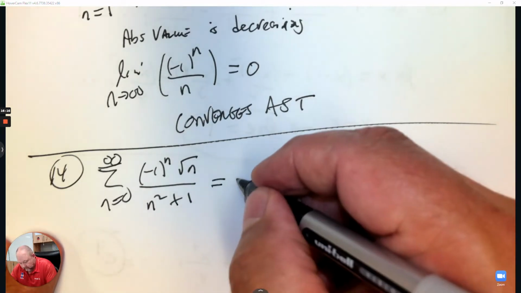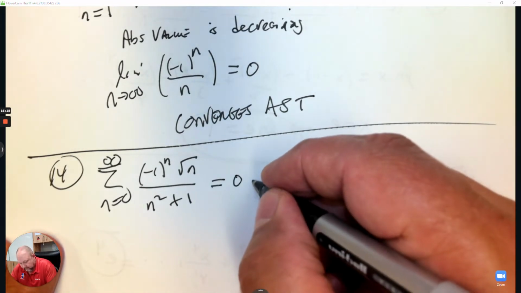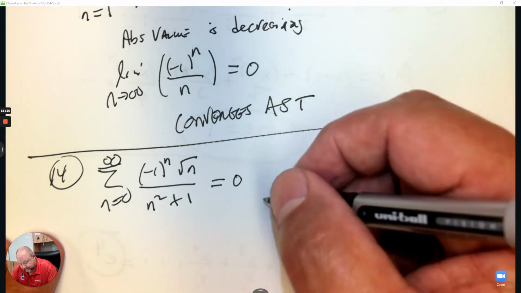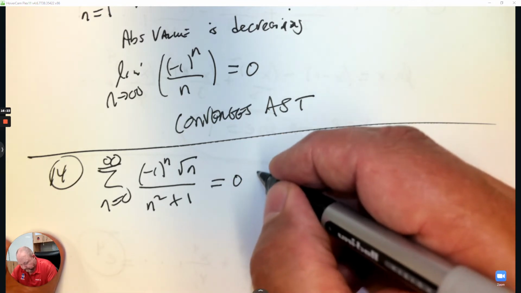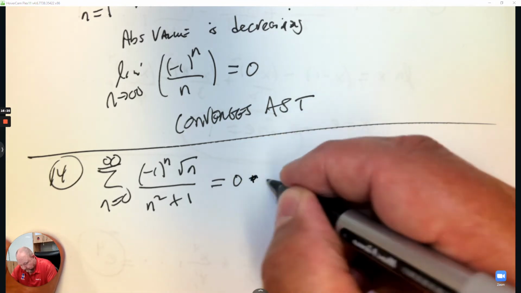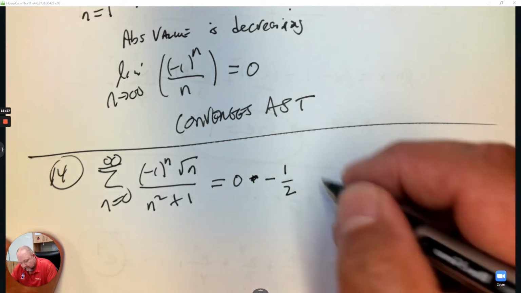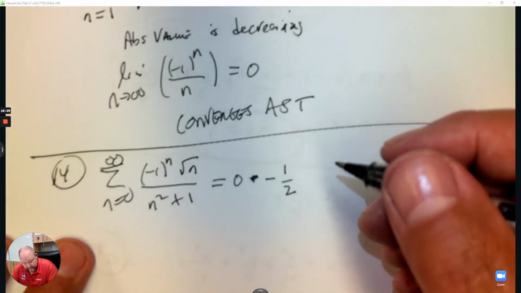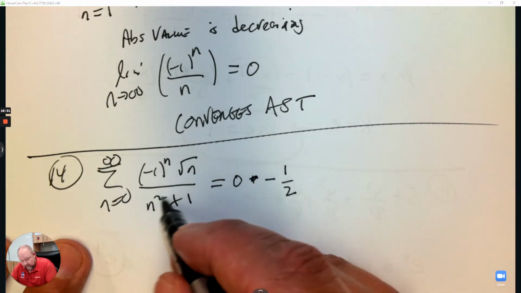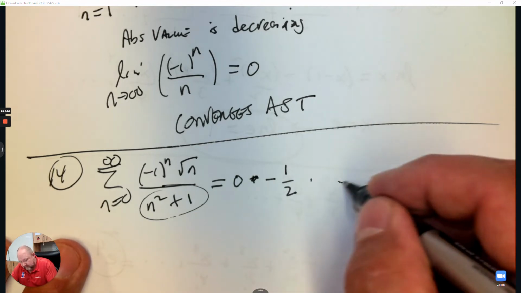Number 14. So if I put in 0, if I put in 1, if I put in 3, I can see the bottom is more powerful, so it is decreasing.